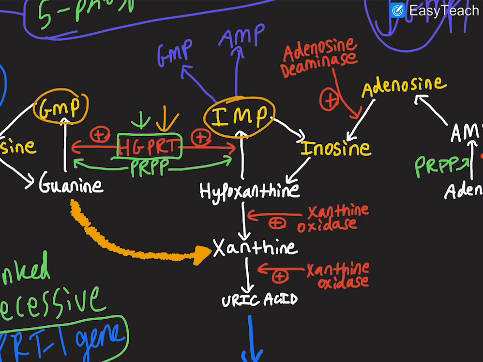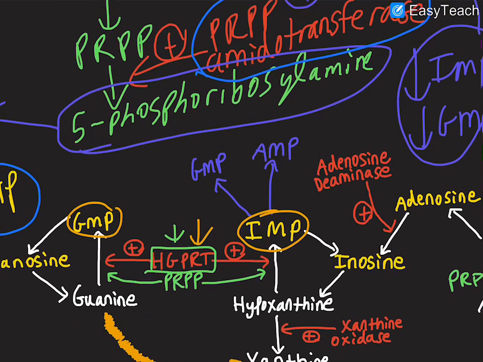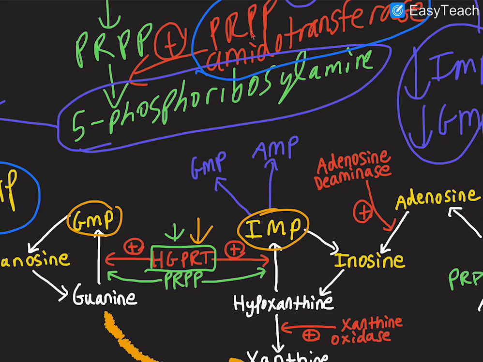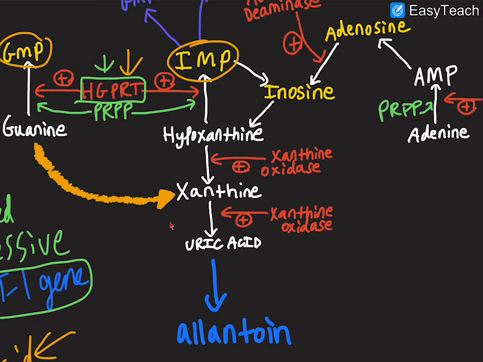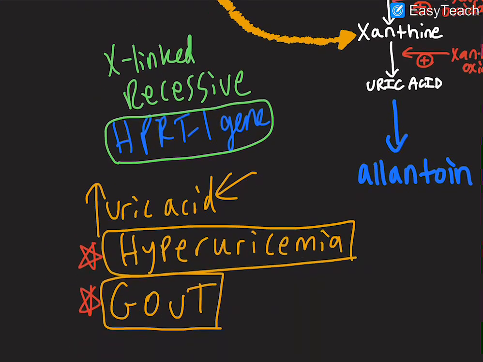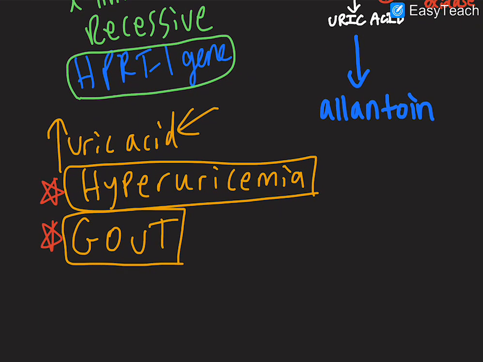So not only is a defect or deficiency in this enzyme causing a buildup of uric acid, the compensatory response in which you stimulate PRPP aminotransferase is also ultimately leading to hyperuricemia. All right, so that's basically the main things about Lesch-Nyhan syndrome.